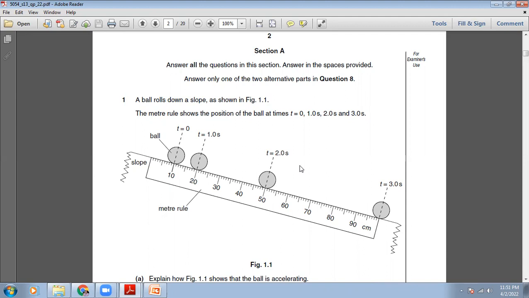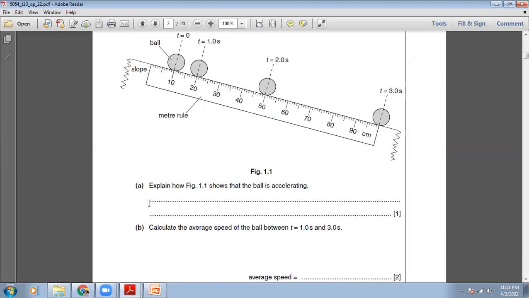So you see the distance covered by the ball in each 1 second interval is increasing. So: explain how figure 1.1 shows that the ball is accelerating. That is the first question we were talking about.